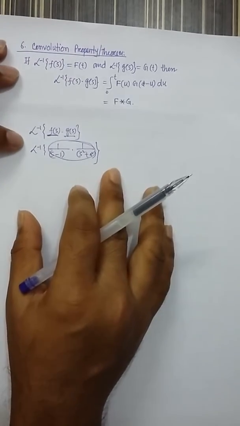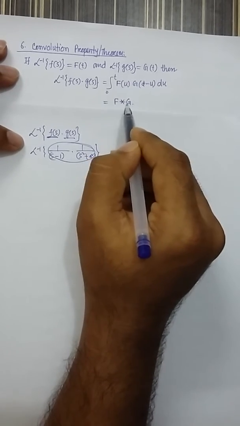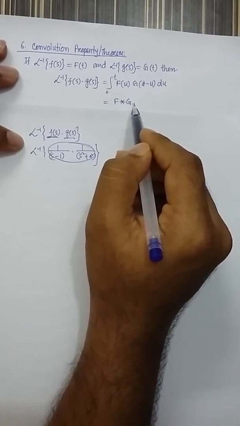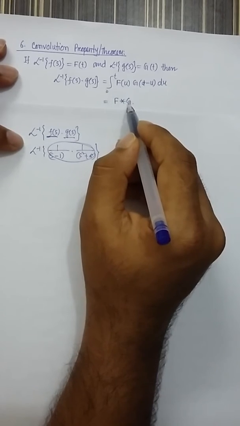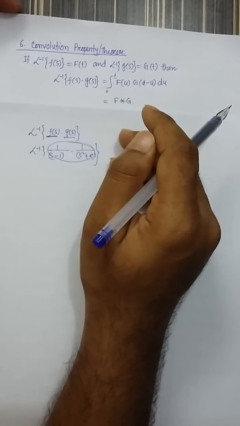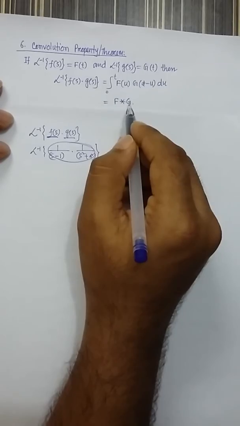We sometimes denote this by f star g, which means the convolution of f and g.